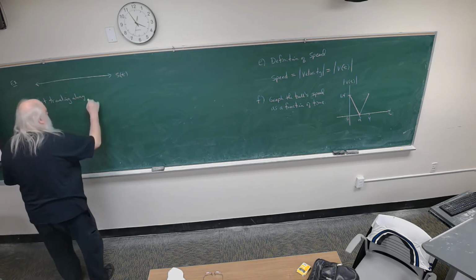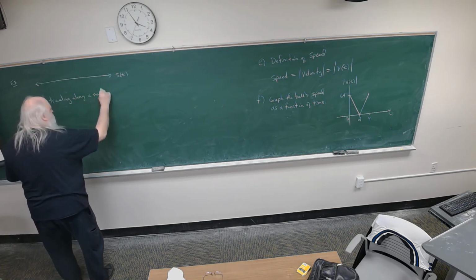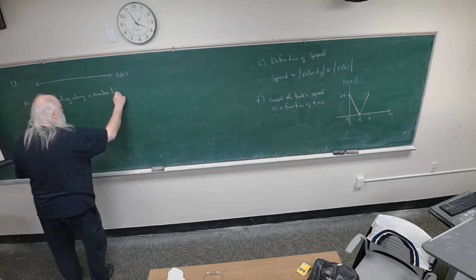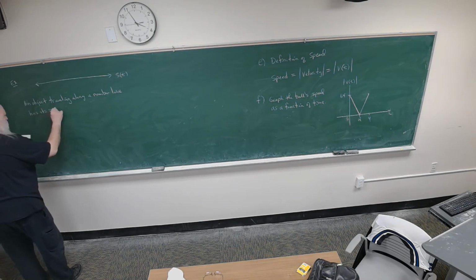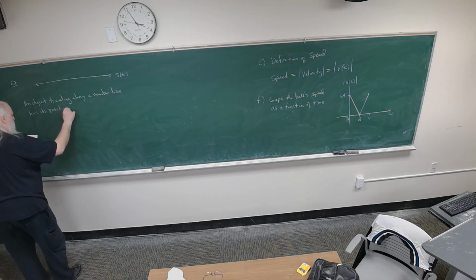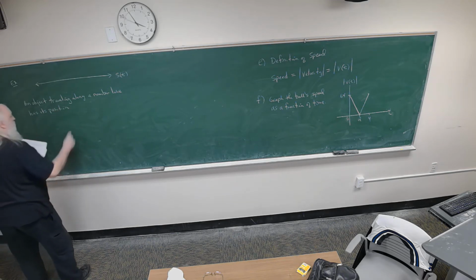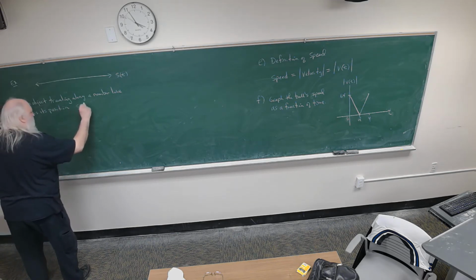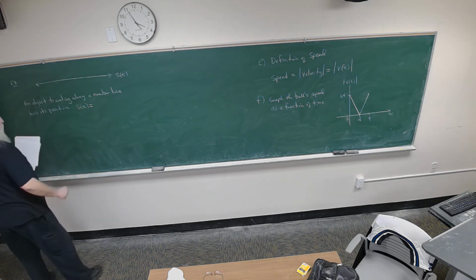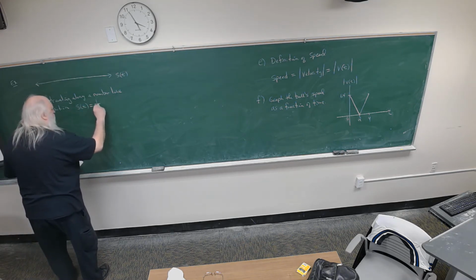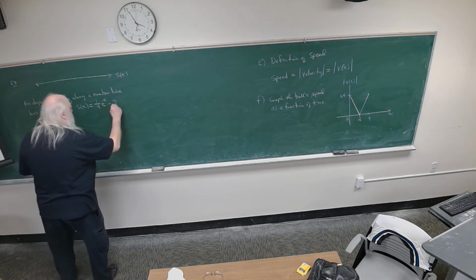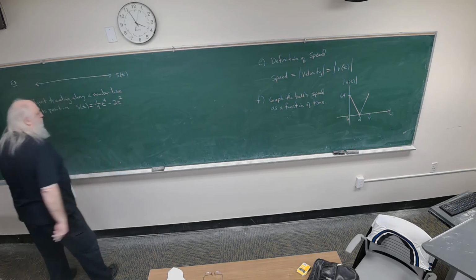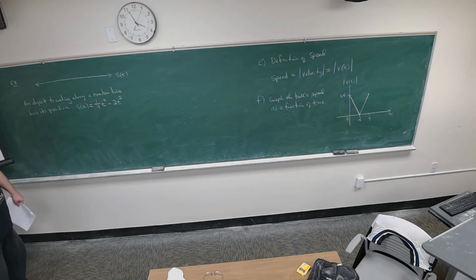All right, so an object traveling along a number line has its position S of t equal to 1/4 t to the fourth minus 2t squared, okay? So that's a 4th degree polynomial.